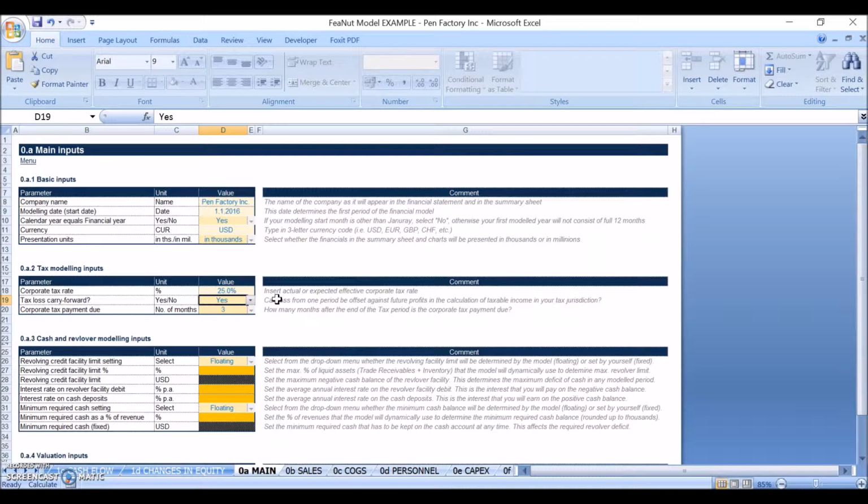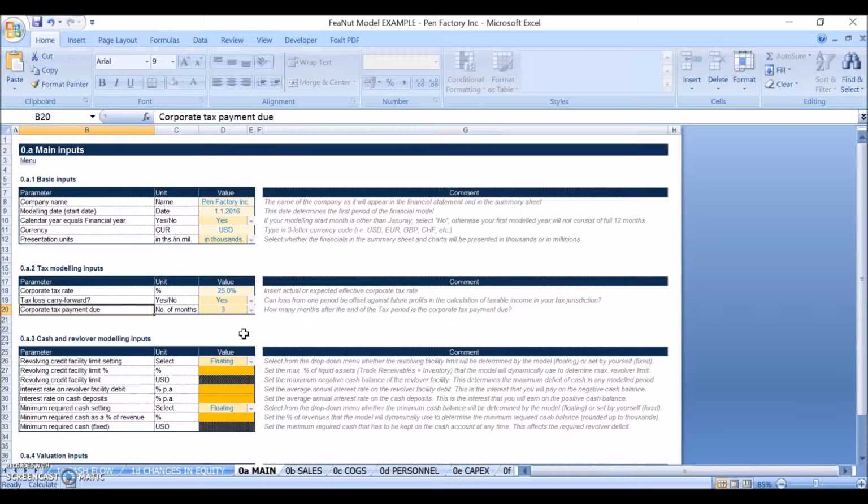However, if you are not sure about whether this option is available in your country or not, just select no in here. And the last thing in here is the month in which the corporate income tax is typically paid.